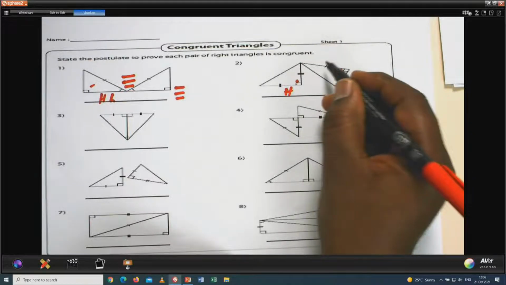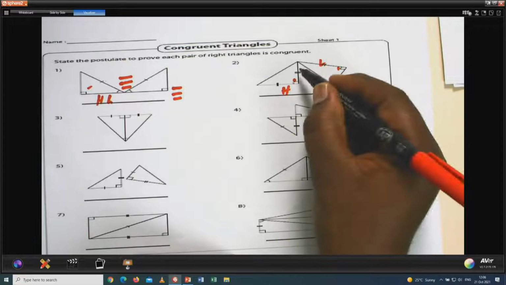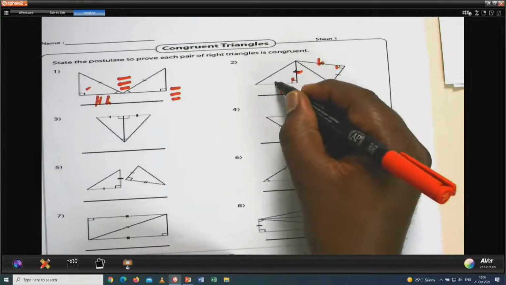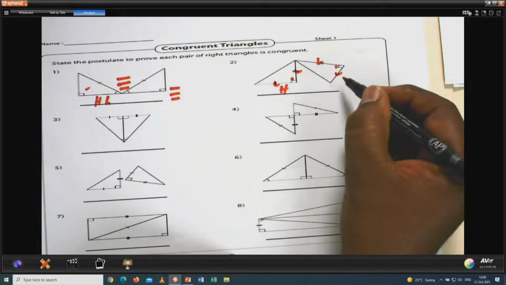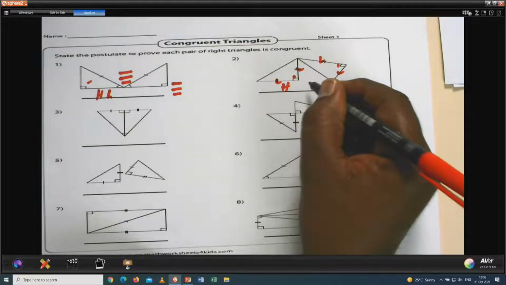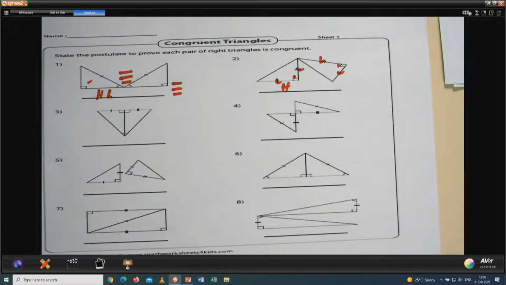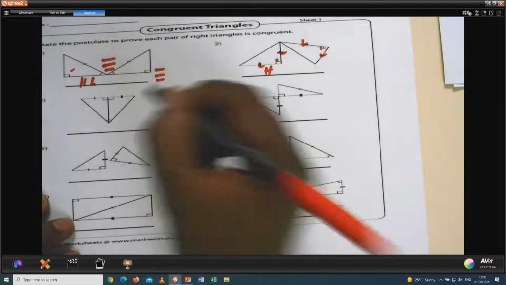What do you know? You know this side, which is not a hypotenuse, equals to this side, and this side, which is not hypotenuse, equals to that side. So in other words, if you don't know anything about hypotenuse, we cannot say they are congruent. That's very, very important.